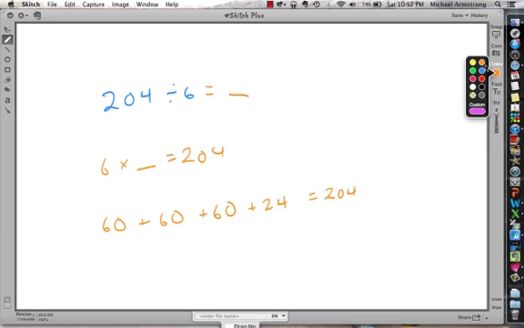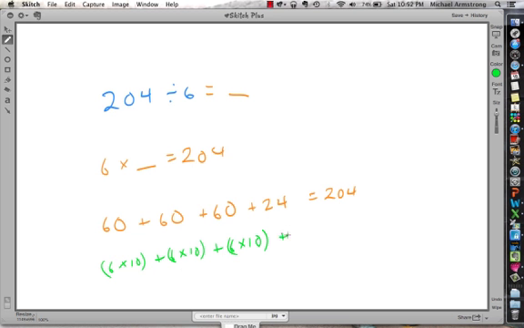And we're going to do some magic and turn it into our distributive property. 6 to 60 is 6 times 10, plus 6 times 10, plus 6 times 10. And 24 is 6 times 4. And that's equal to 204.